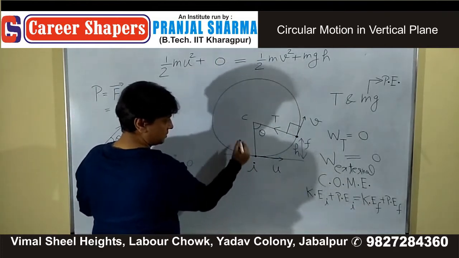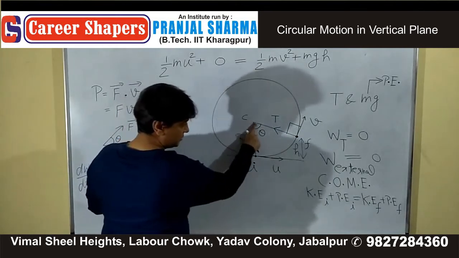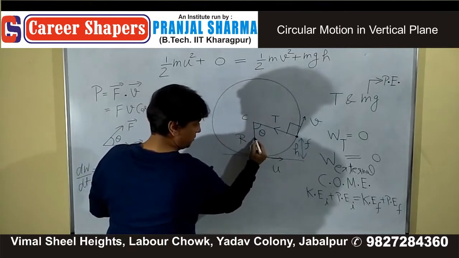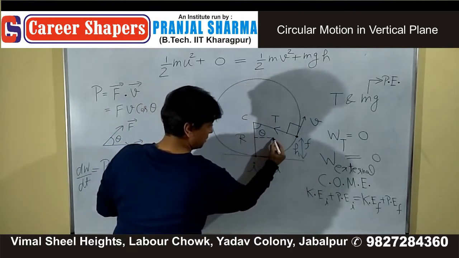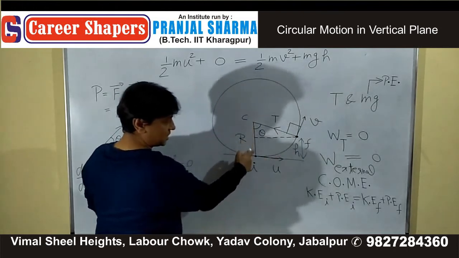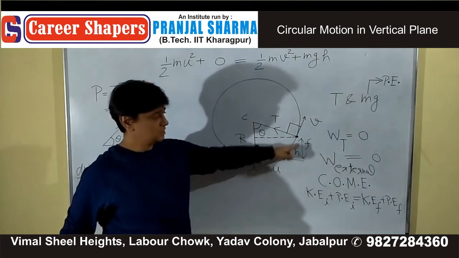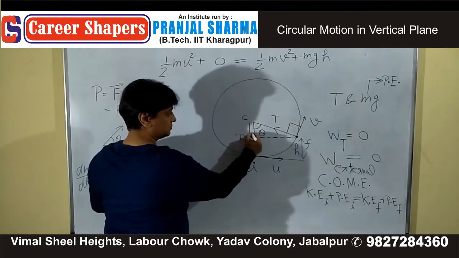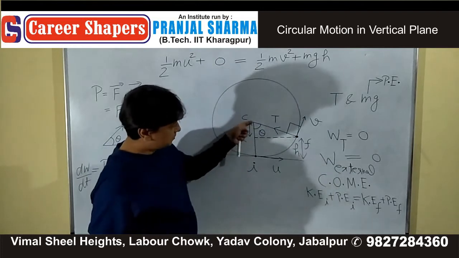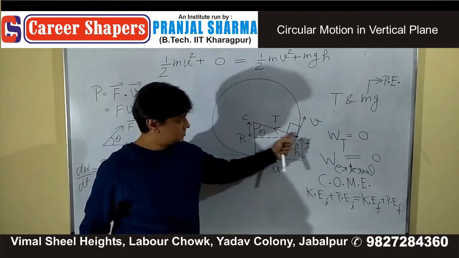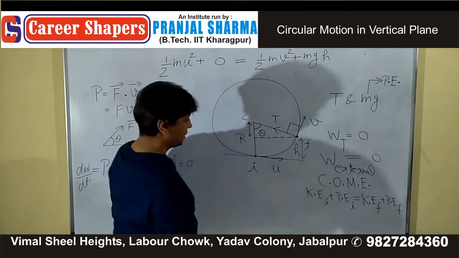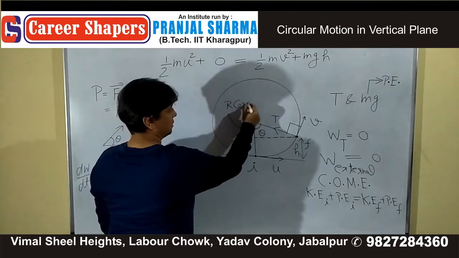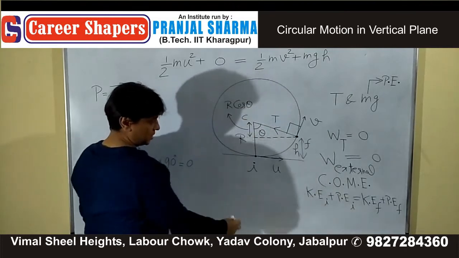What is this whole height? R. This is also R. If you drop a perpendicular on this R from this point, then this much portion is the base component of this whole length, which is R, and therefore this part is R cos theta. Look here.